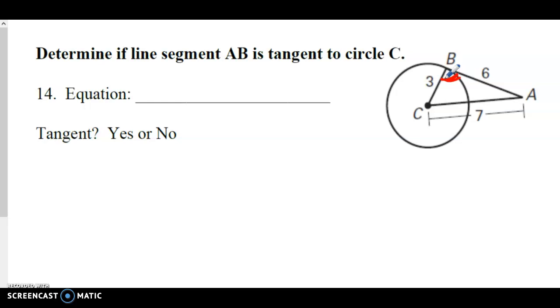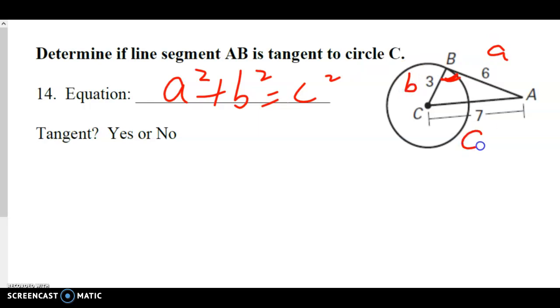The Pythagorean theorem equation is a squared plus b squared equals c squared. This is A, this is B, and the longest is always C. It doesn't matter which is A or B, but C is always the longest. We can plug in the numbers here: 6 squared plus 3 squared.